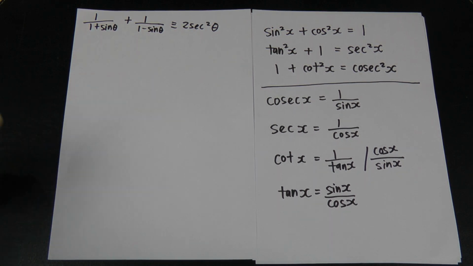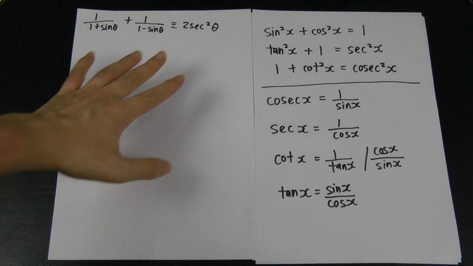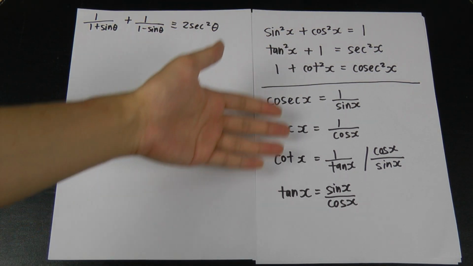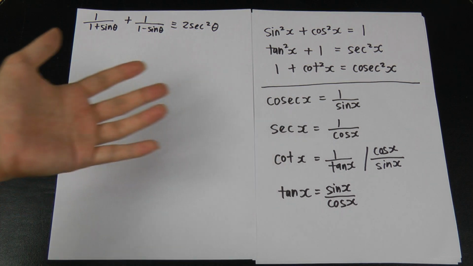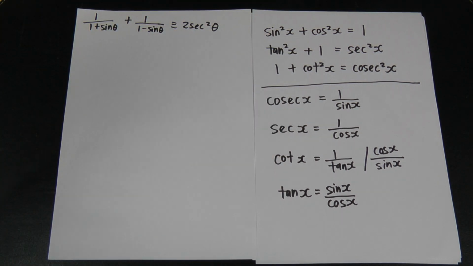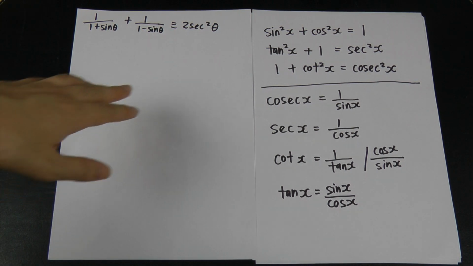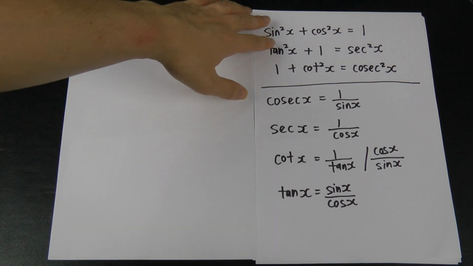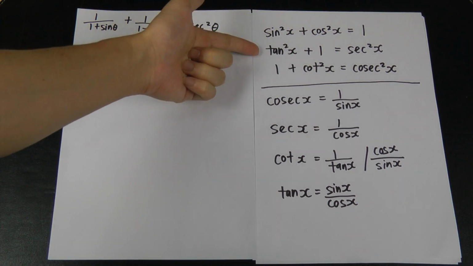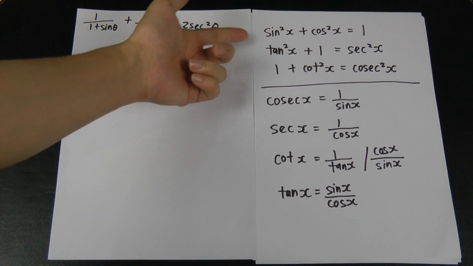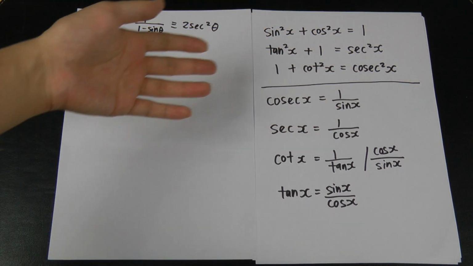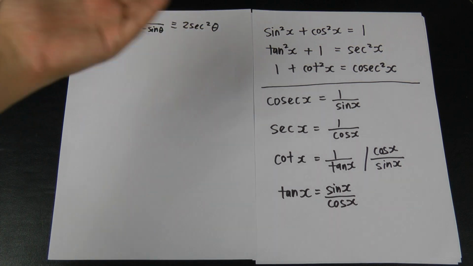Before you start, I hope you can memorize, or at least understand, all these equations or formulas, because you're going to use all of them for the trigonometric identity. Three of these will basically be given in your exam, which are the three formulas in this topic: sine square plus cos square equals 1, tangent square plus 1 equals secant square, and 1 plus cotangent square equals cosecant square.